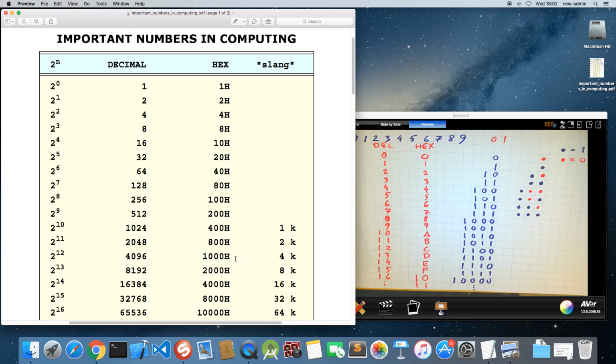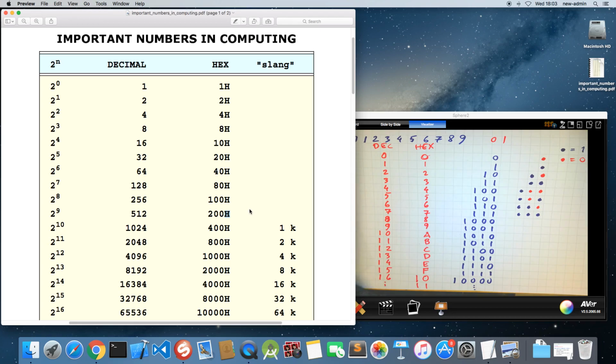It is also common in digital electronics to add an H after the number when it is a hexadecimal number.